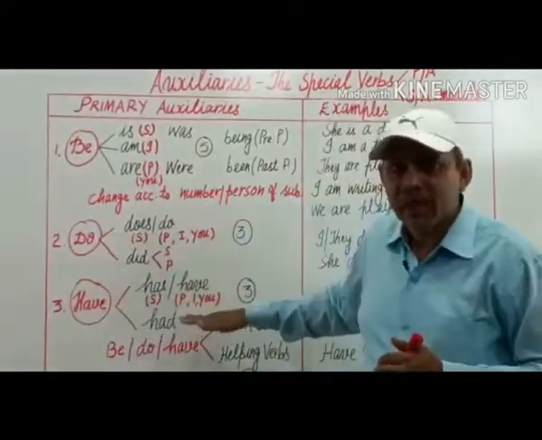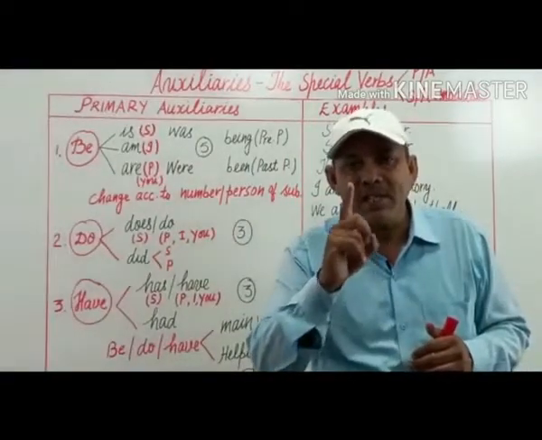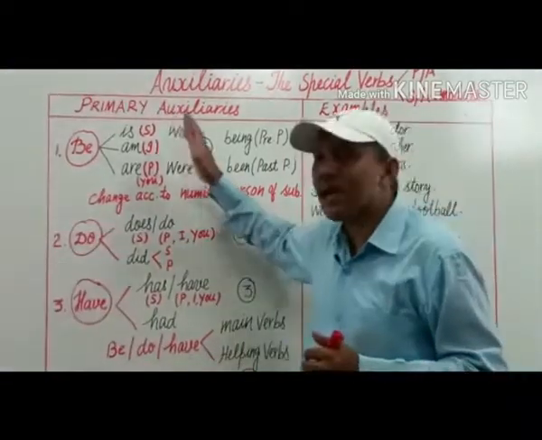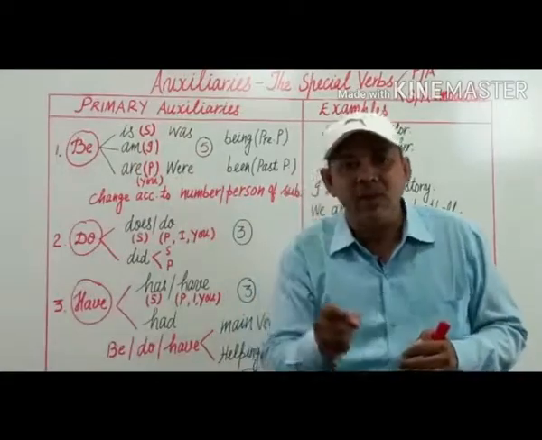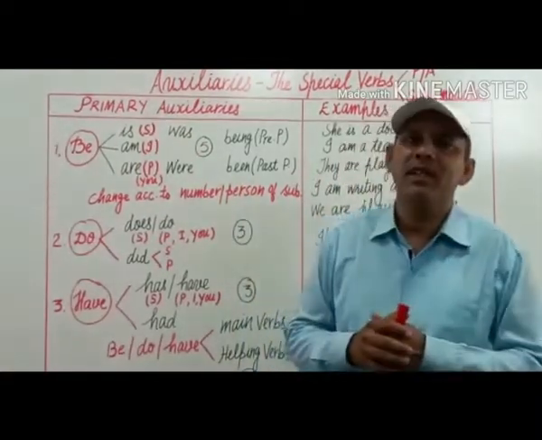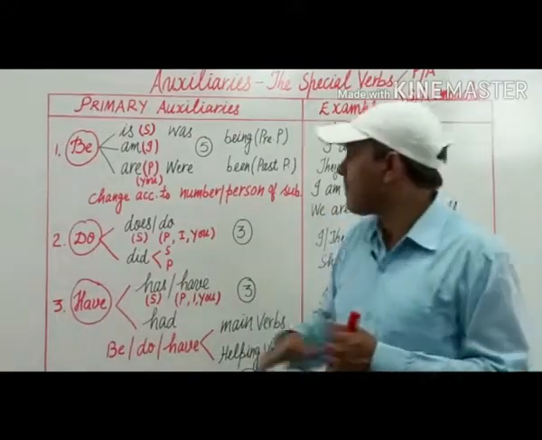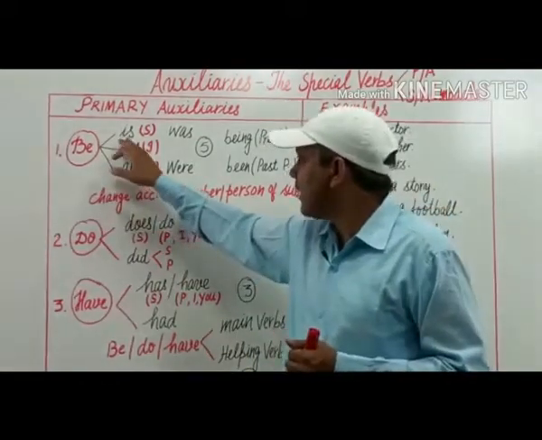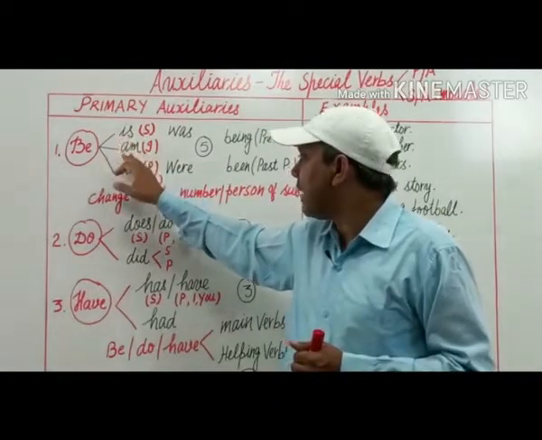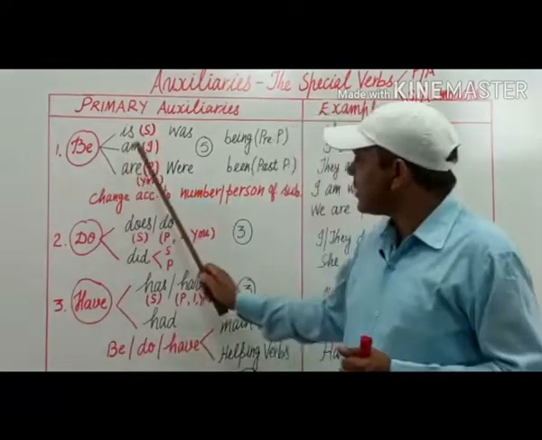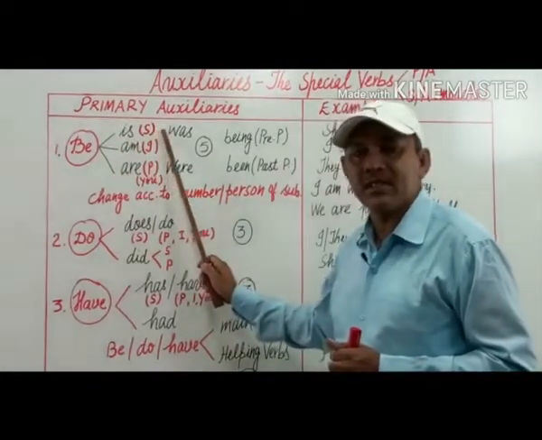In the same way, when the main verb is absent in a sentence, this primary auxiliary becomes the main verb and plays the role of main verb in that particular sentence. Let us see how. Be has three forms in present: is, am and are. Is is used for singular subjects.